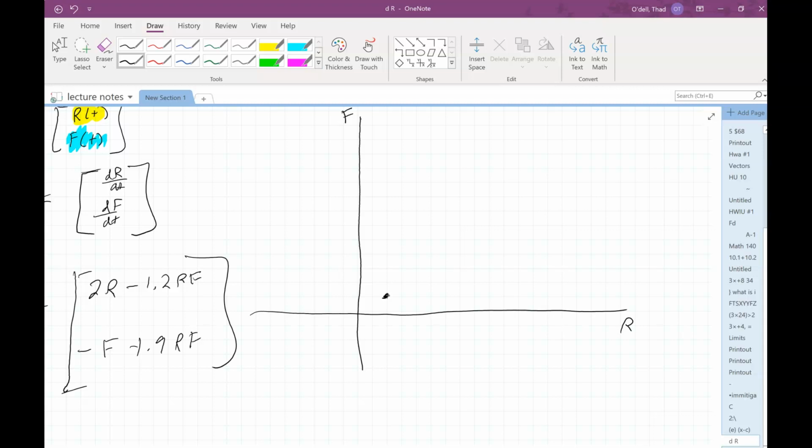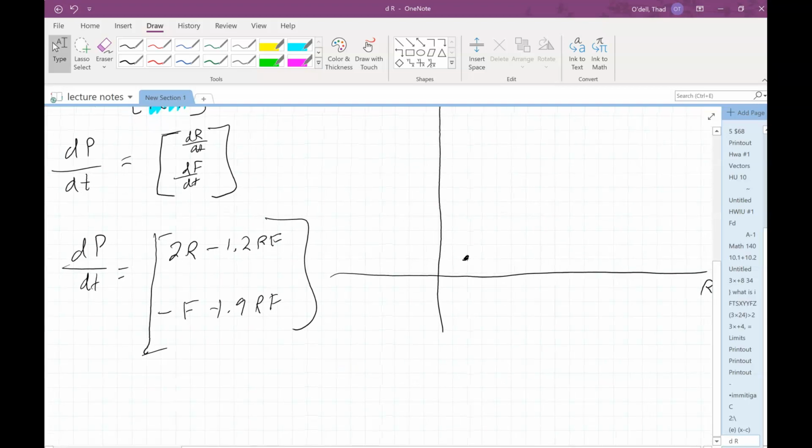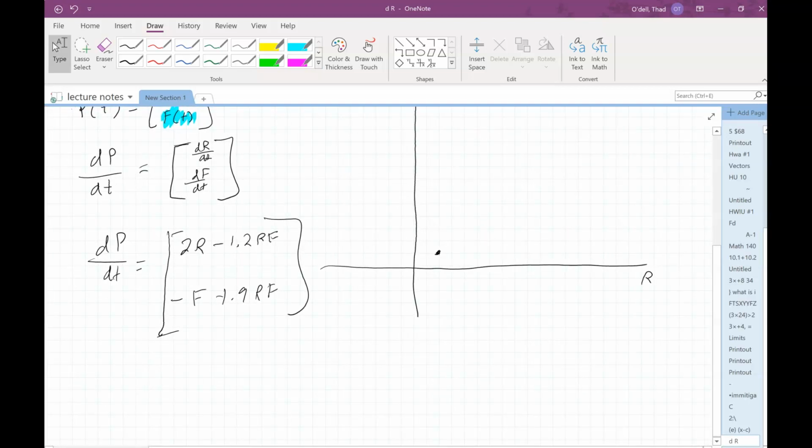So at each point, we can assign a vector to that point. That's what this thing here is doing, and that vector would represent the derivative of the solution, which would basically be a directional vector for the solution. So let's do this.